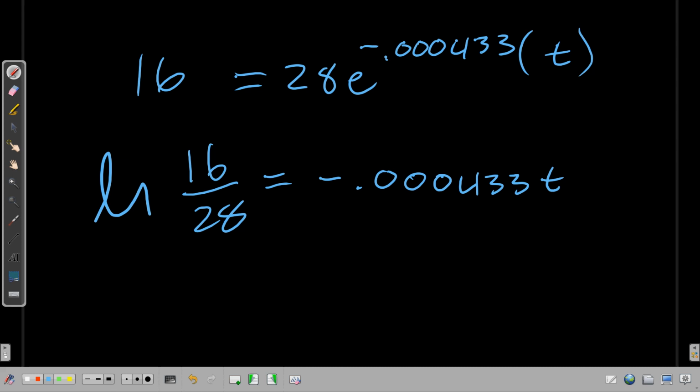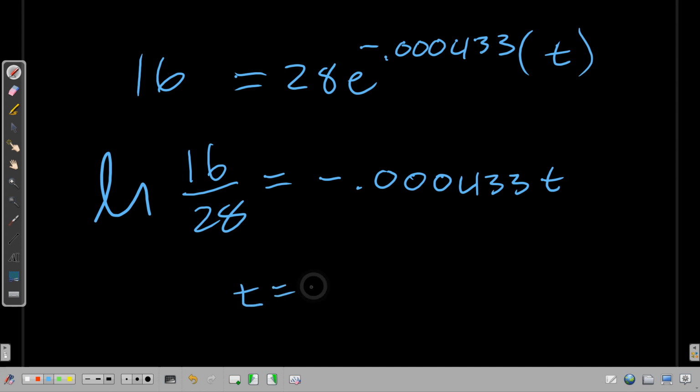So the natural log of 16 divided by 28, which reduces, but I don't care. I get a number. It's negative. It should be negative because 16 over 28 is less than 1. And then I'll divide it by negative 0.000433.